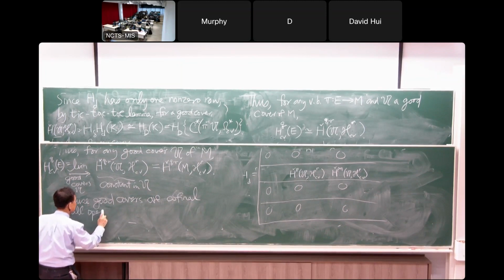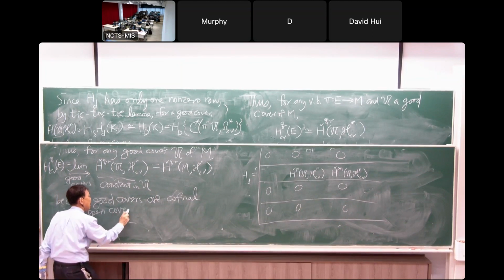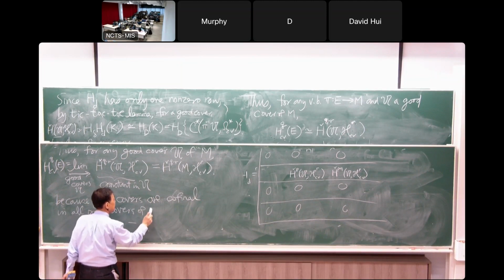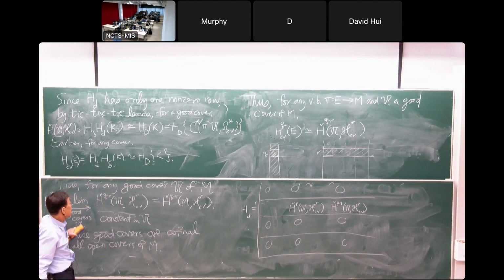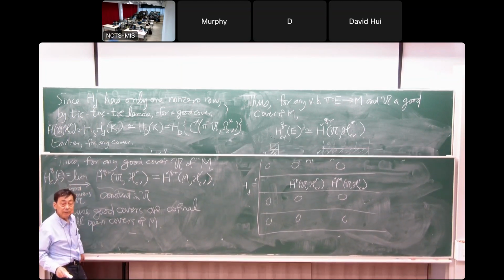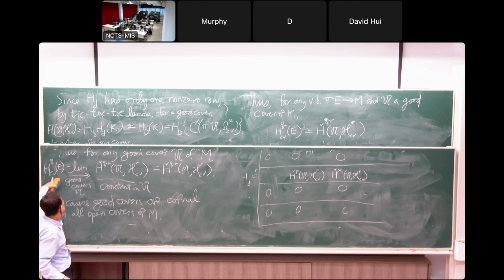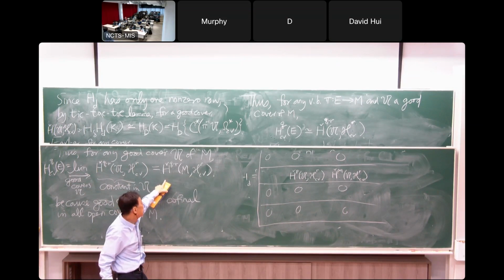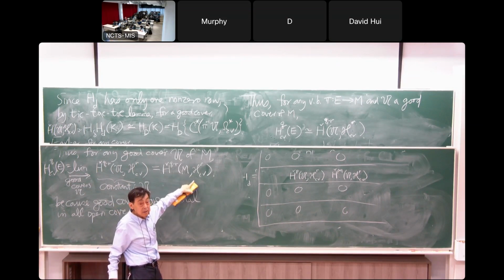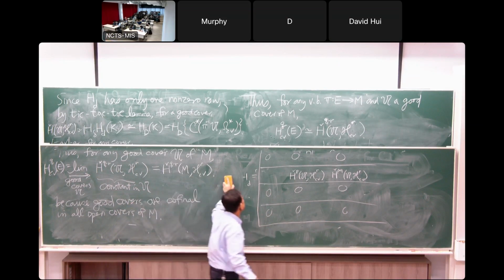Open covers of M. Okay. Yeah, and this is the Thom isomorphism. It tells you that the cohomology with compact vertical support is the cohomology of the base, but with coefficients in a pre-sheaf.